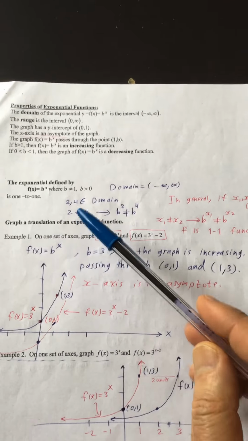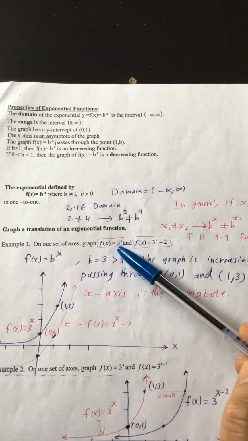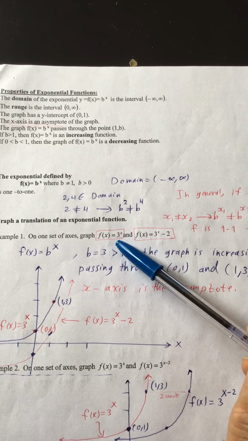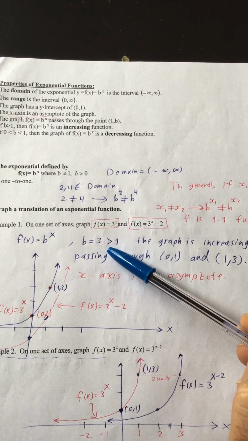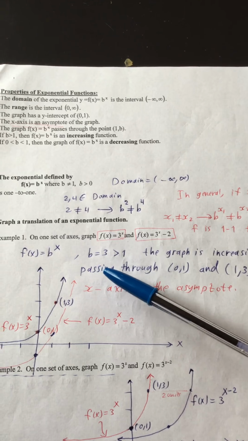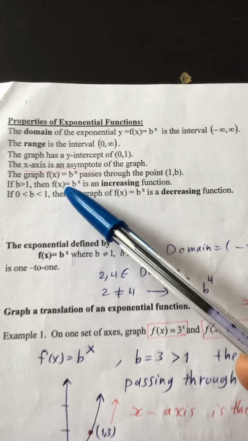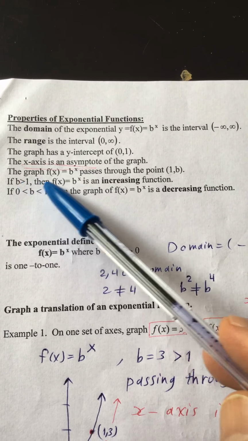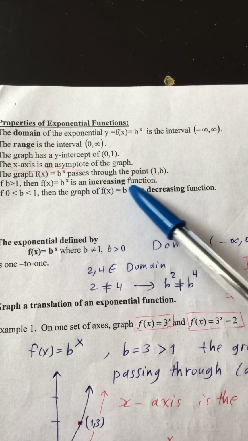First, to graph f(x) = 3^x, here b equals 3, and 3 is greater than 1. Since b is greater than 1, the graph is increasing.